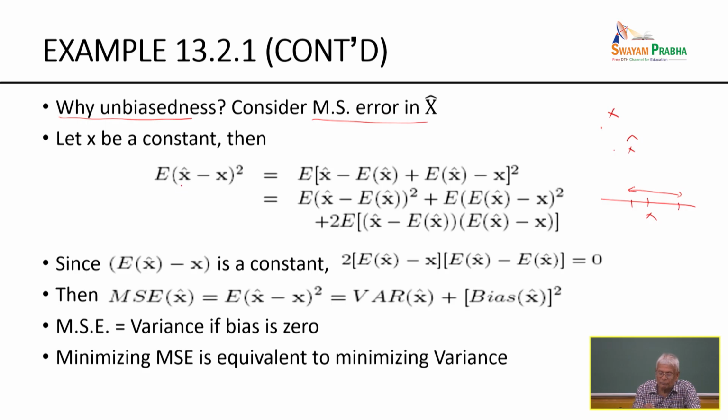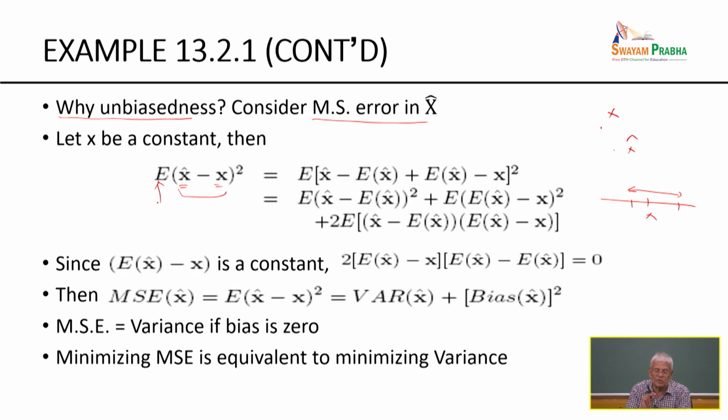What is the mean square error? X hat minus x is the error in the estimate. X hat is the estimate, x is the unknown true value, and the difference is called the error. We have talked about errors, residuals; these are all related quantities. X is not random, but x hat is random. I'm computing the square of that and taking the expected value.